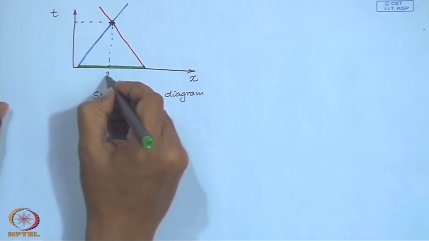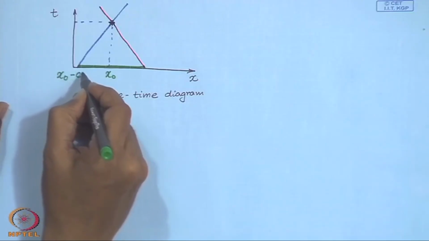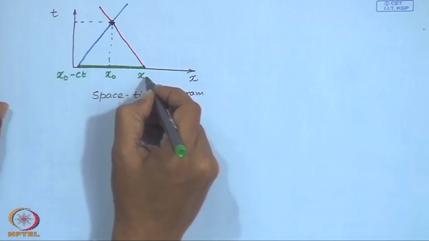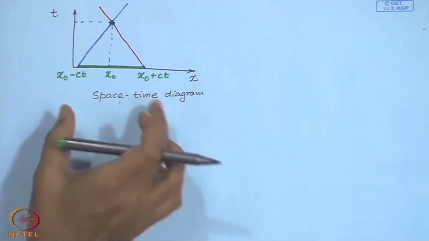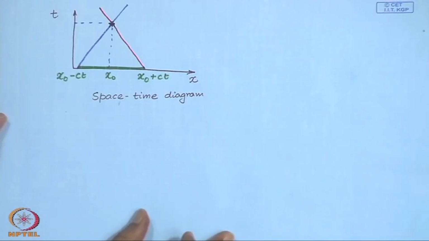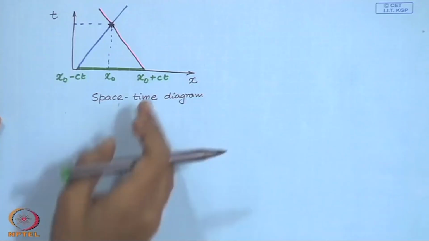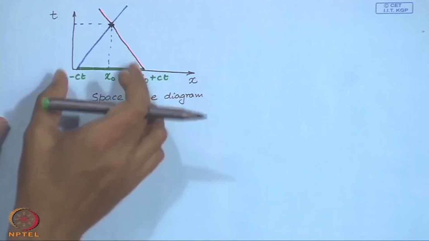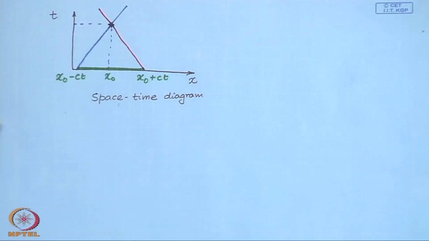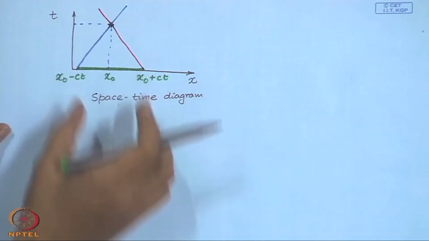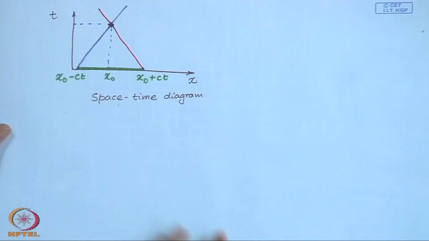So, if this is x 0, then this is x 0 minus c t to x 0 plus c t. So, when we solve the initial value problem in terms of propagating waves, then we will find that the solution at this point is dependent upon the initial conditions specified in this interval, not what is outside this interval.